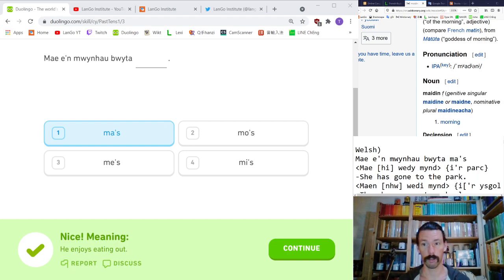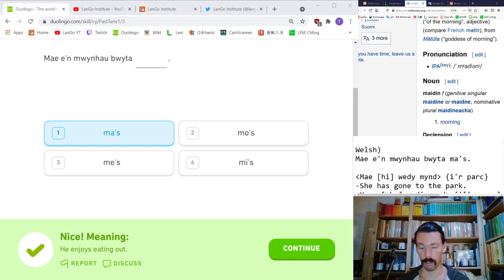That's a literal, yeah, we use apostrophes there. That's clear. He enjoys eating out. So one noun phrase here, that's the subject. Mwynhau, even though it's verbal, that's the object, the thing enjoyed, eating out. So I'm gonna mark it that way for now.